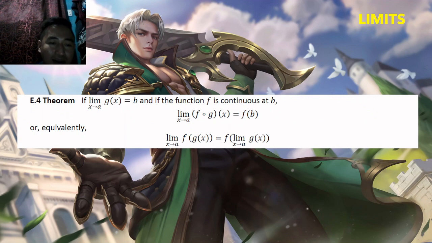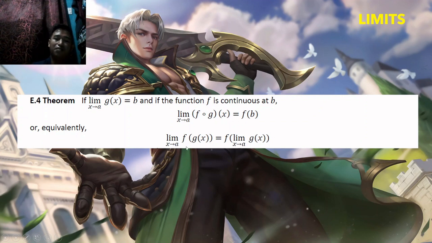Okay. Next theorem. If the limit of g(x) is equal to b as x approaches a, and if the function f is continuous at b, then the limit of f(g(x)) is equal to f(b). Or equivalently, the limit of f(g(x)) is equal to f of the limit of g(x) as x approaches a. Right? Because it equals f(b). So we just replace the limit of g(x) with b.